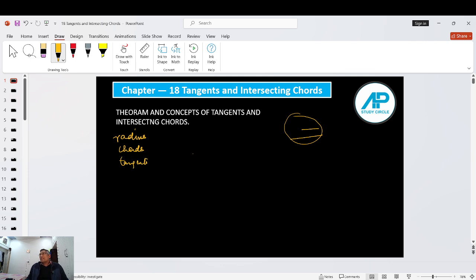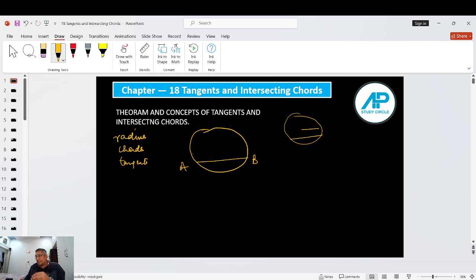If I define the chord, the chord is the line which basically joins two points on the circle. So if I make a circle here and I join two points like this, this is a chord in a circle, making two segments.